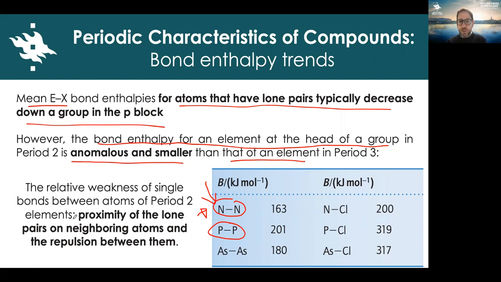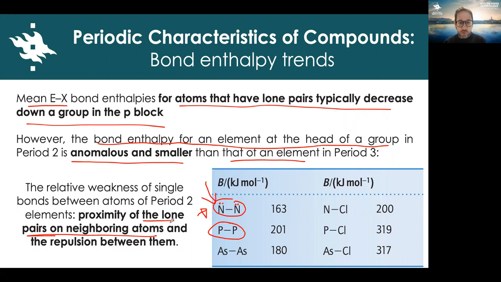So this would give rise to a stronger bond, and therefore a higher bond enthalpy. However, because they have lone pairs, what happens is that as they are very close together, the lone pairs on the neighboring atoms also become very close together.